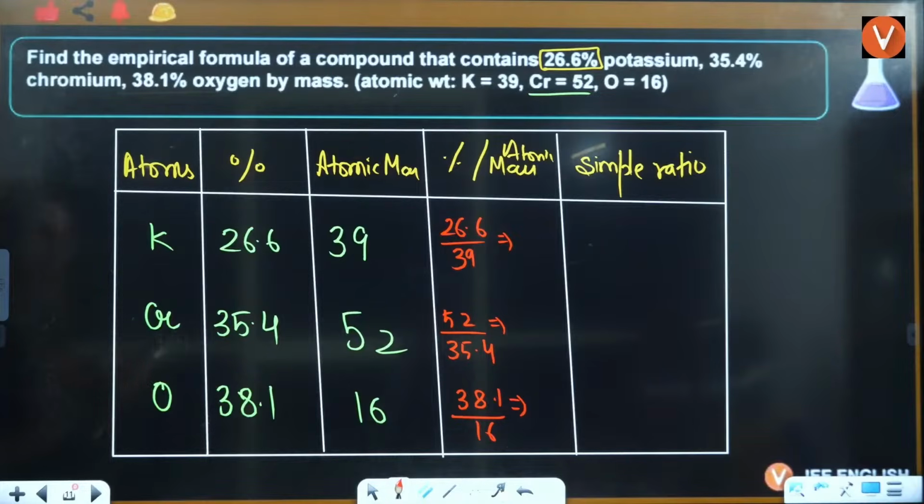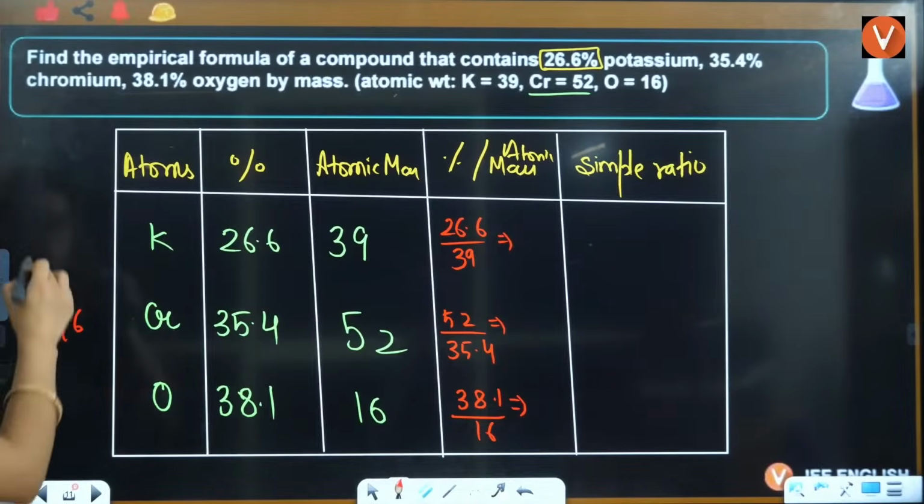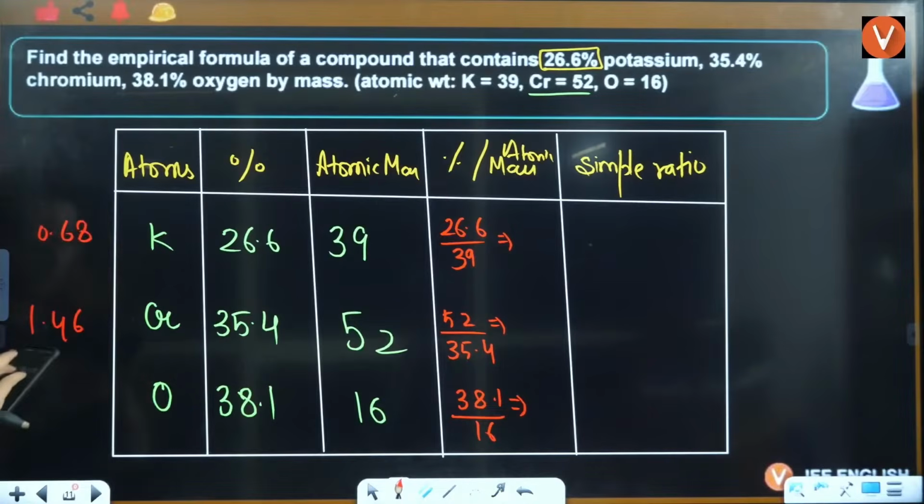Okay, 35.4. 1.46, that is 26.6 divided by 39, that is 0.68, and this is 38.1 divided by 16, that is coming out to be 2.3. Okay, so if I divide 1.46, wait a minute, 0.68, yes. Okay.